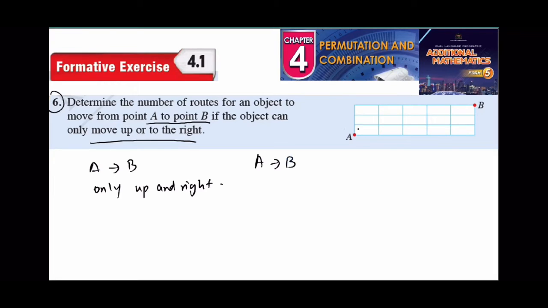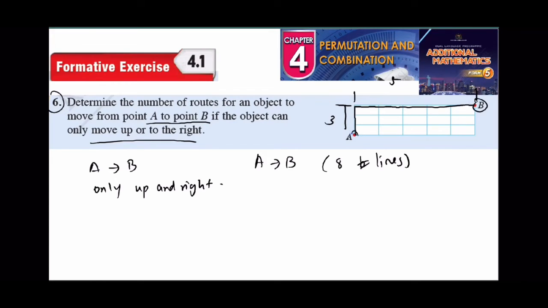The object can move upward 3 steps in the same direction followed by 5 steps to the right. So you notice that when an object moves from A upward 3 times, the direction is the same, and for the move to the right, the 5 steps are the same.